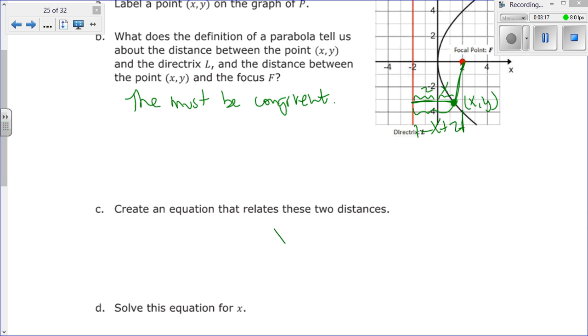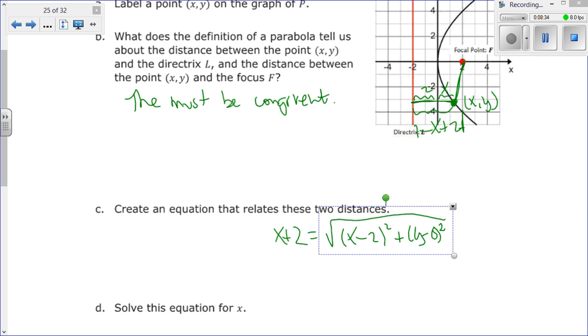So we have x plus 2 has to be equal to the distance formula, the square root of x minus 2 the quantity squared plus y minus 0 the quantity squared, because this is the point 2, 0 for my focus.